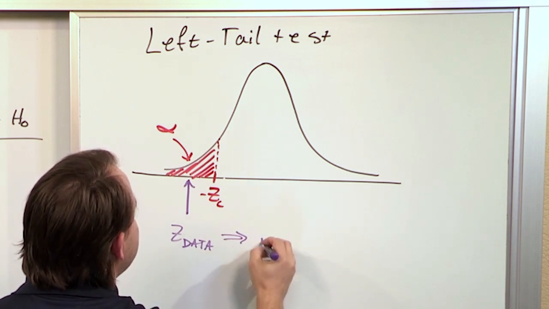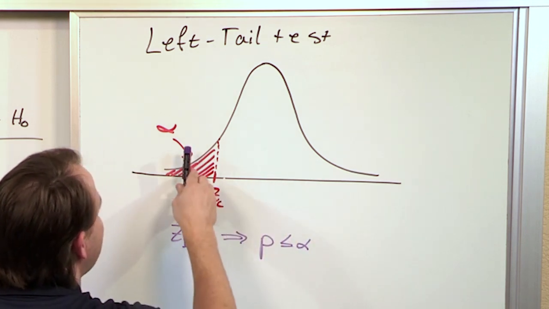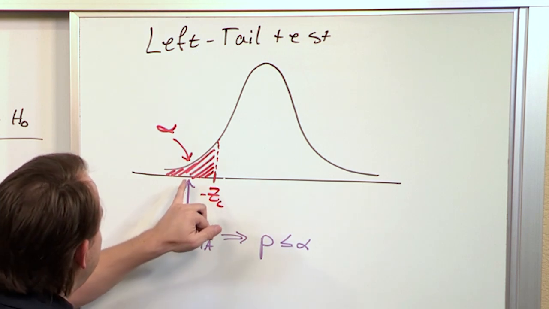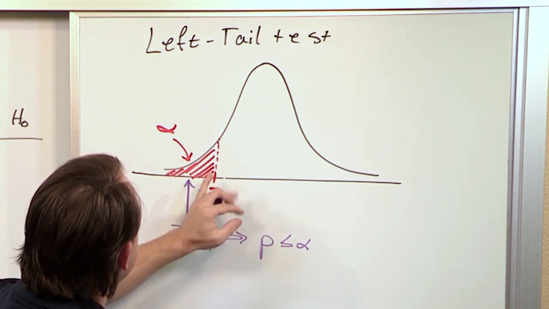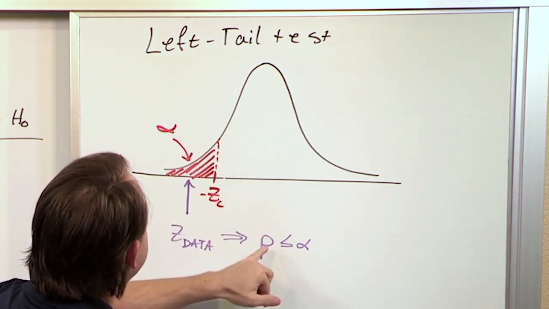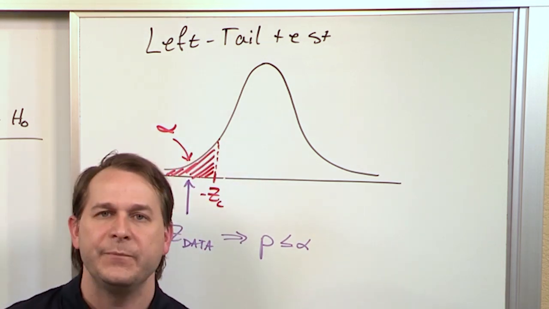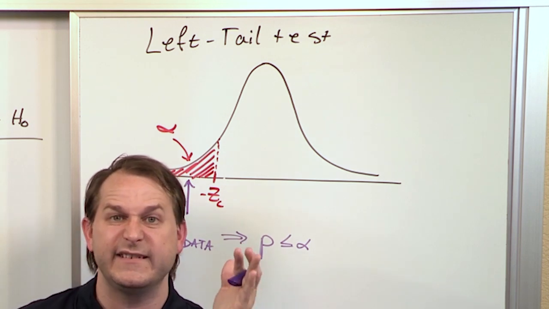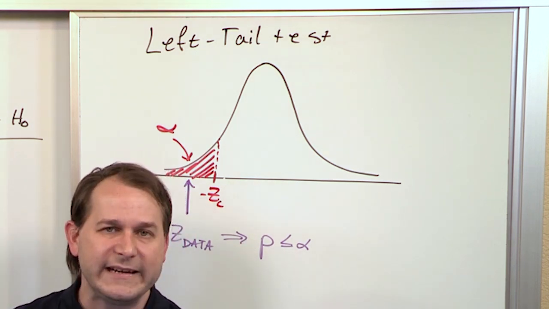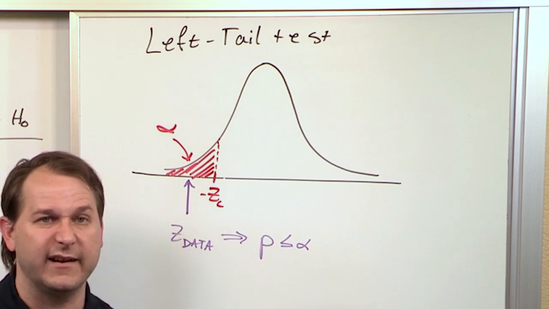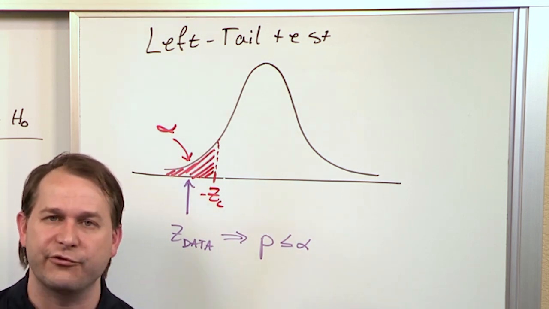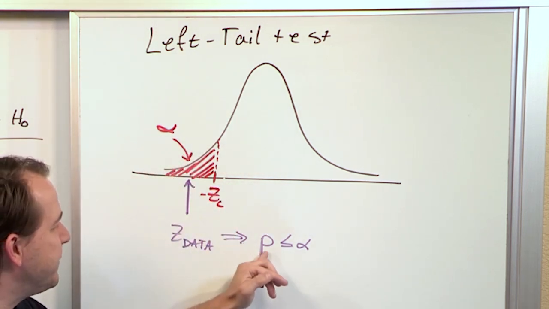So this means that, again, p would be less than or equal to alpha, because if I'm in the rejection region here, then by definition, the p-value has to be less than alpha. Another way to look at this is to say if your test statistic really does fall in the rejection region like it does here, then the p-value has got to be less than alpha.